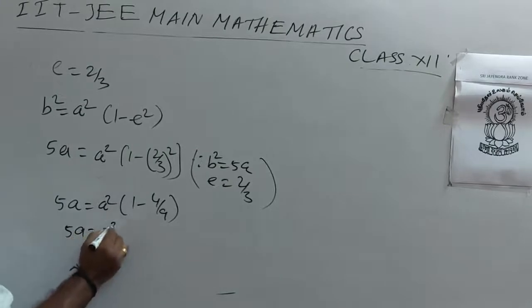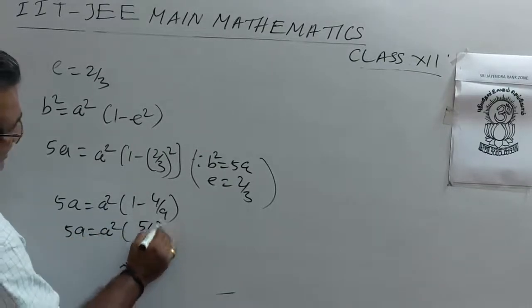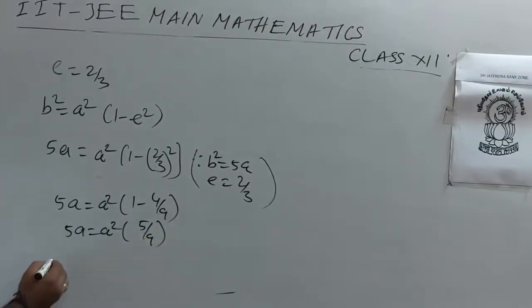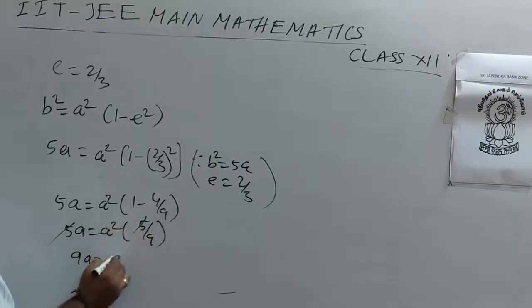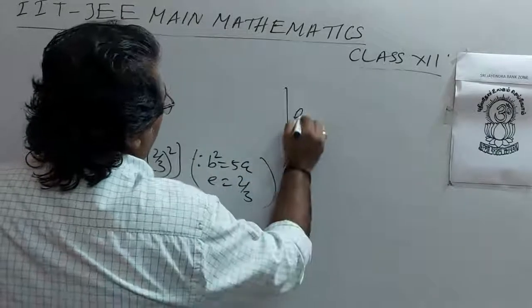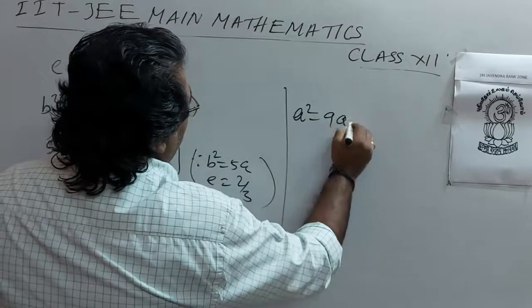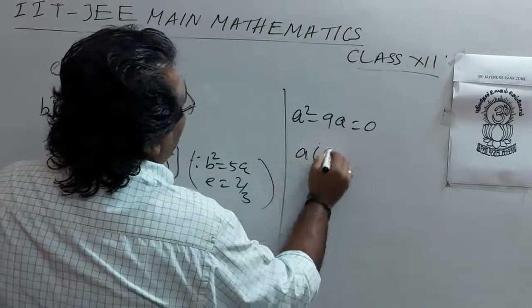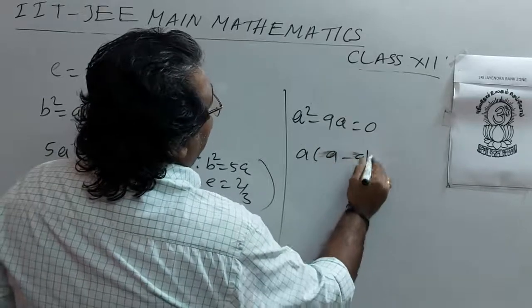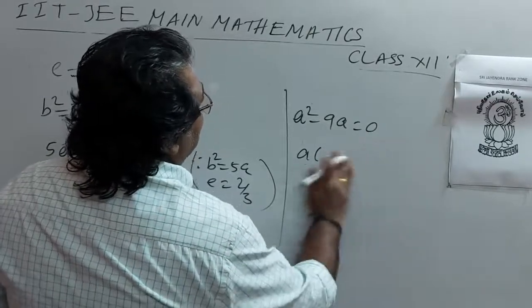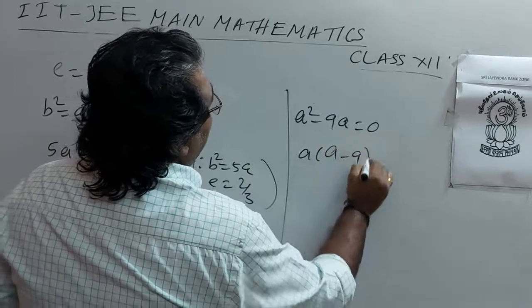So 9a equal to a squared, a squared minus 9a equals 0, a into a minus 9 equal to 0.